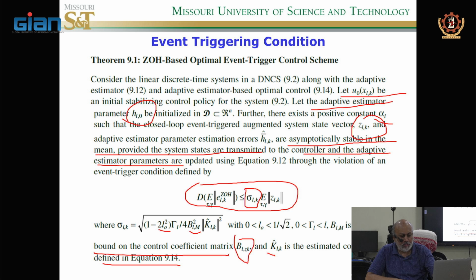This is through the violation of an event trigger condition defined by that. So if this condition is satisfied, then you don't have to transmit. So you see that you're reducing the number of transmissions by using the event triggered control.